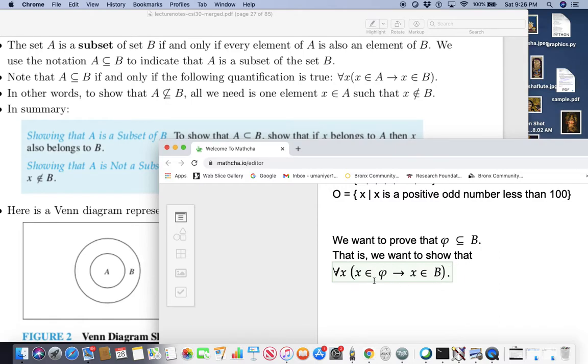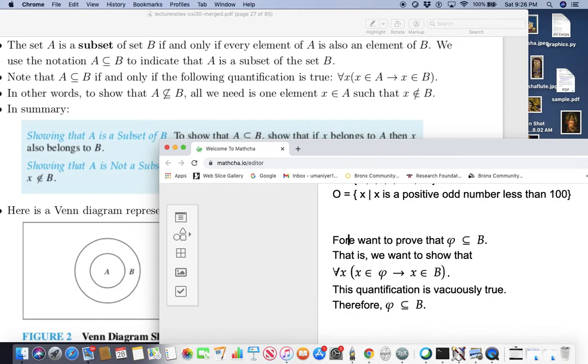So this condition is vacuously true. So this quantification is vacuously true. Therefore, the empty set is a subset of B. This happens for any set B. We have the empty set is a subset of B.